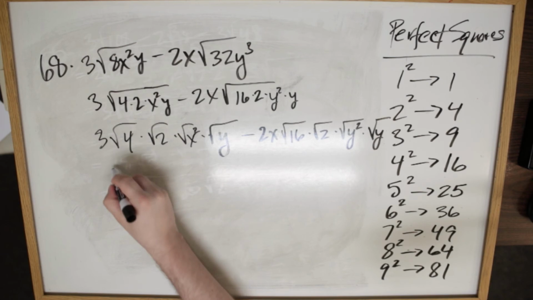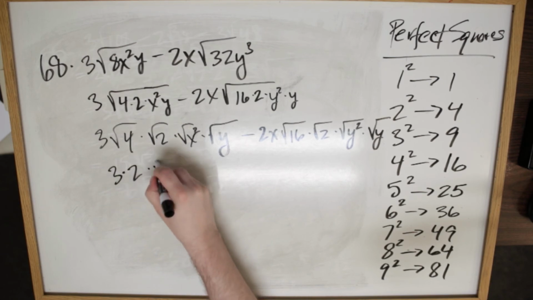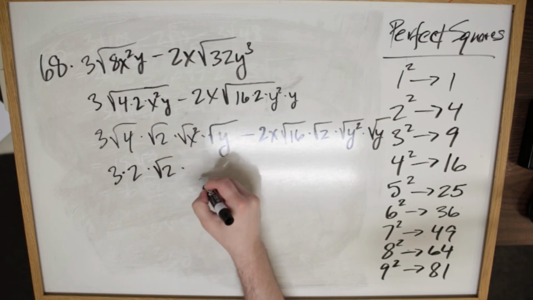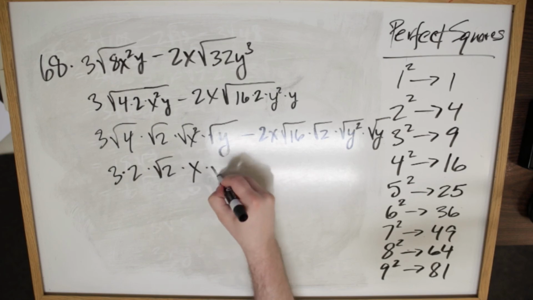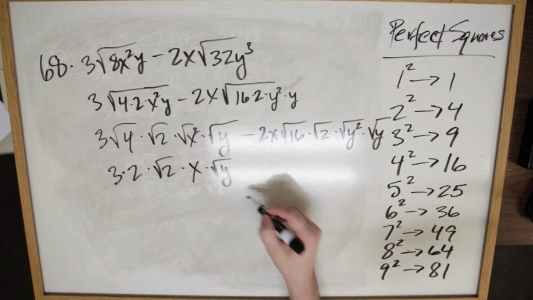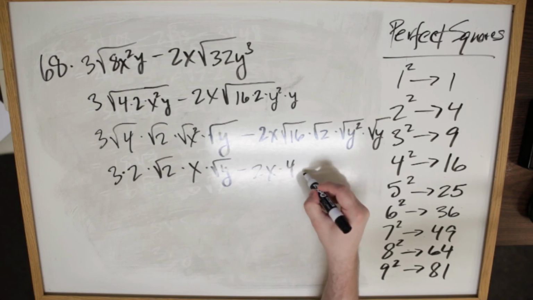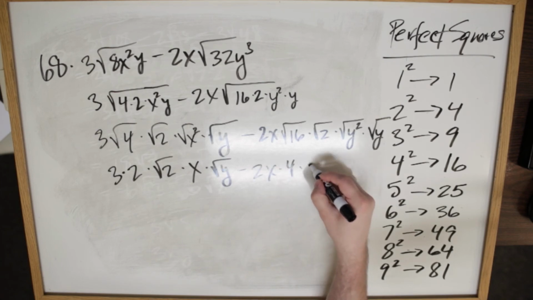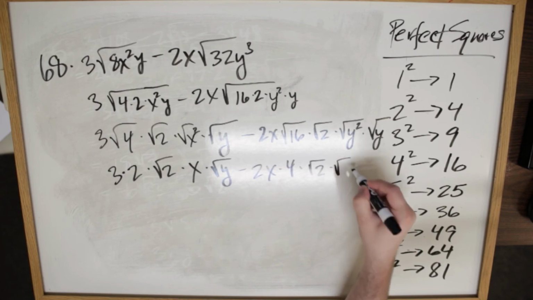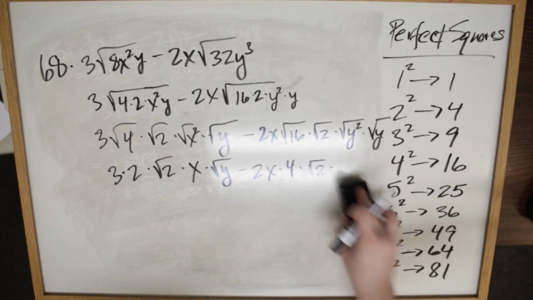So 3 times 2 times square root 2 times x times square root y minus 2x times 4 times square root 2 times square root 2 times y.